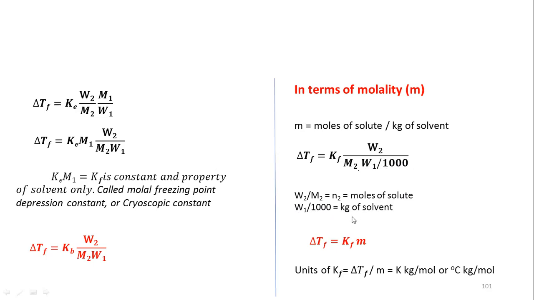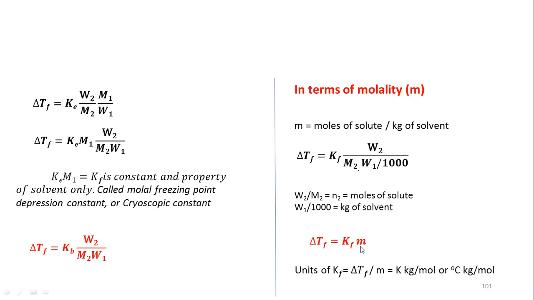So moles of the solute per kilogram of the solvent, actually this is the molality. So you can replace this whole term with the small m, which is the molality, and this is the final equation. You can use this equation to calculate the molality just by knowing the cryoscopic constant and the depression in the freezing point.